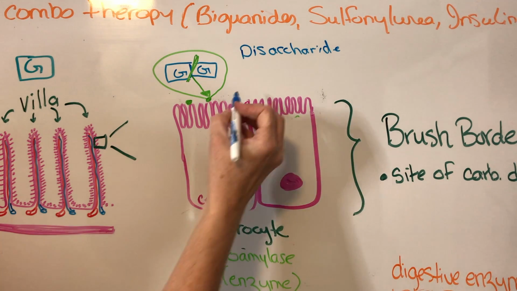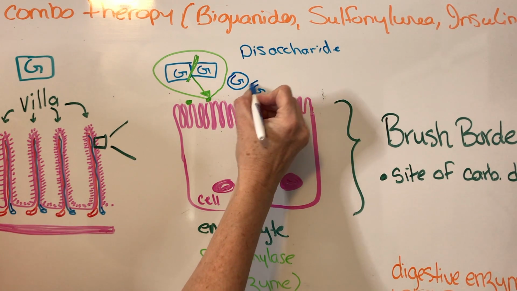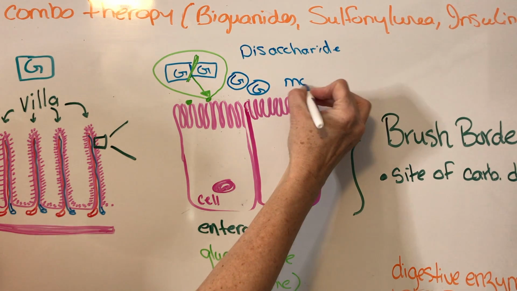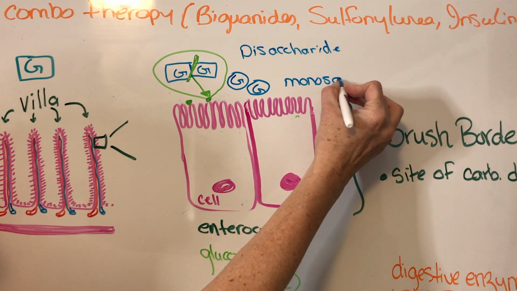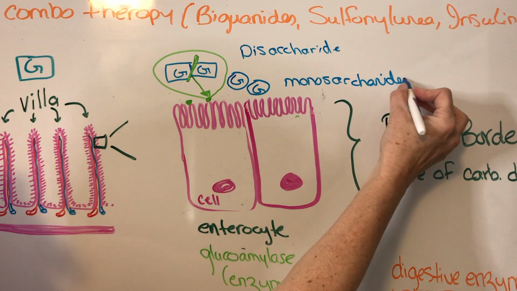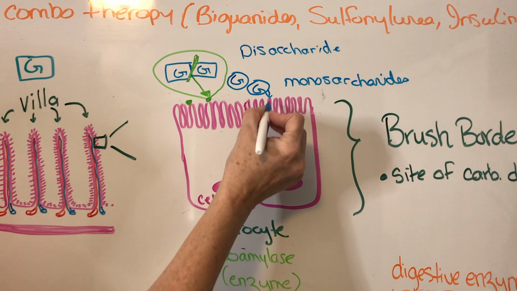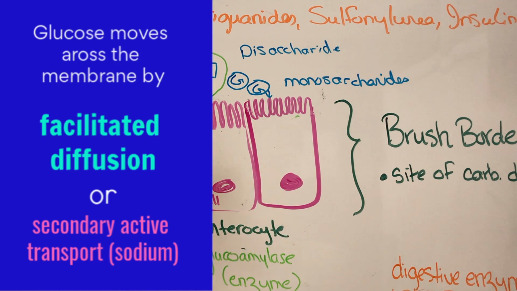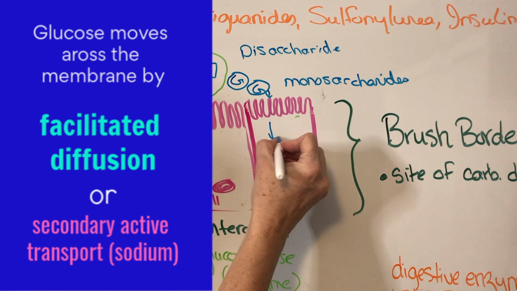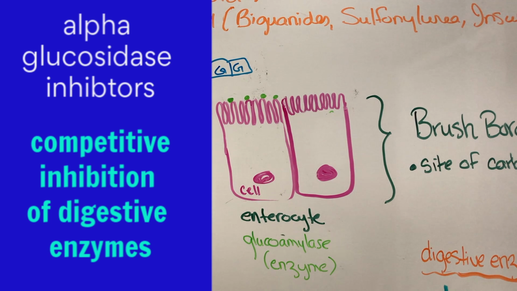Then it releases two single, so these are now monosaccharides, and those can be absorbed by facilitated diffusion or secondary active transport into the cell and then through into the bloodstream.